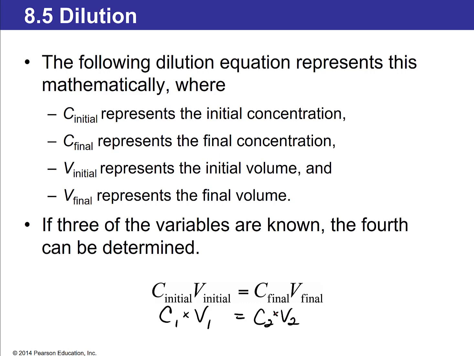So it is often called C1 times V1, the concentration times the volume, equals C2 times V2, the new concentration and the new volume. Just like with gas laws, you will always know 3 of the 4 numbers. You'll either know the 2 concentrations and a volume, or the 2 volumes and 1 concentration, and you just have to solve for X. You just have to rearrange the formula and plug the numbers in.